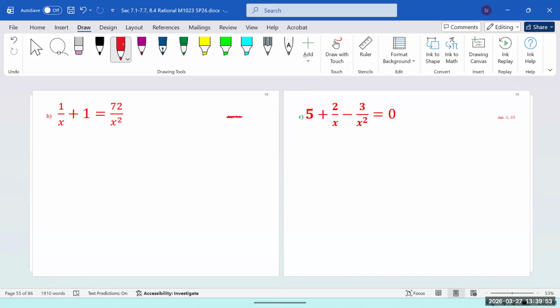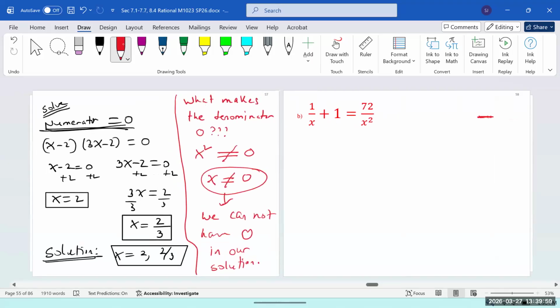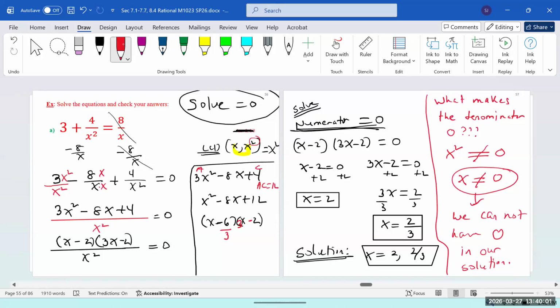Let's do it together next time. Okay, so I have a question. When you find the LCD, the denominator doesn't become 1, the denominator becomes the LCD. First step, I subtracted and then I rewrote what I have.